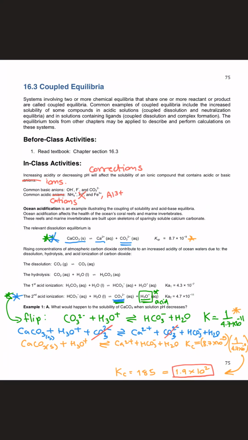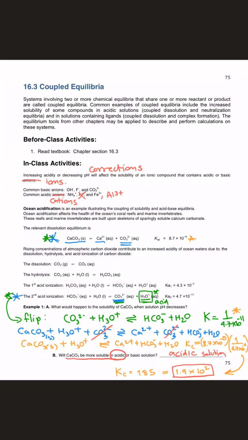That's why we get a high value of Kc, because there is more product present at equilibrium than reactant. Therefore, we can conclude that calcium carbonate would be more soluble in acidic solution than in basic solution. So the answer would be acidic solution for part B.